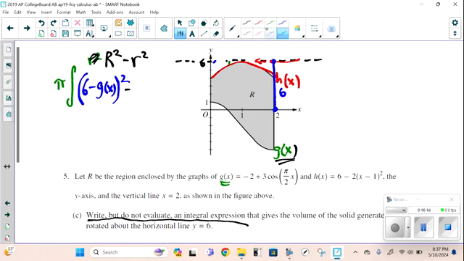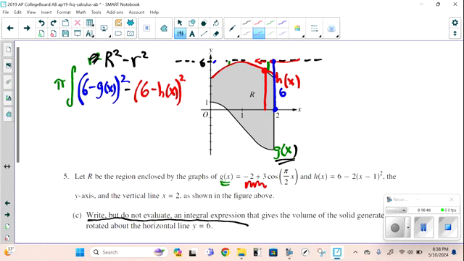I've got to subtract h of x, which is here to here. That gives me this little difference, and that's the same thing I did with g of x, the bigger radius. So I need to start with 6 and subtract h of x, squared.